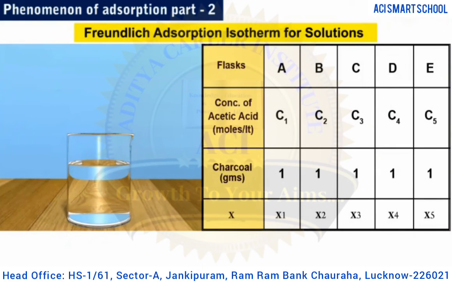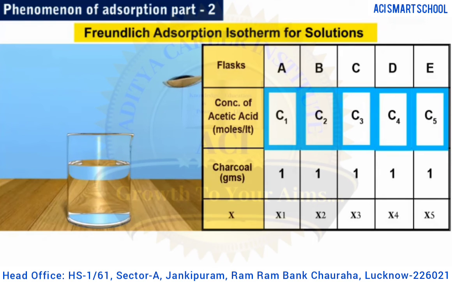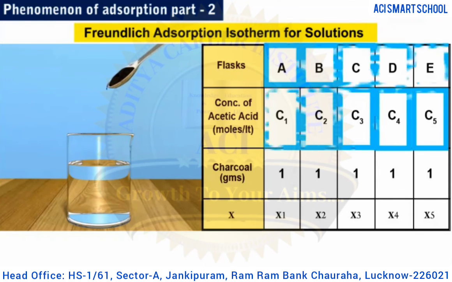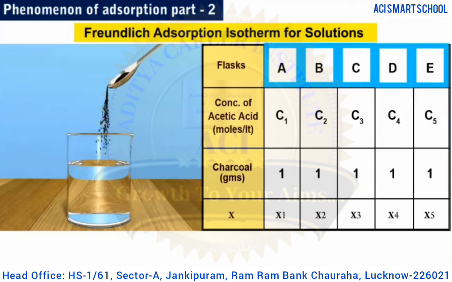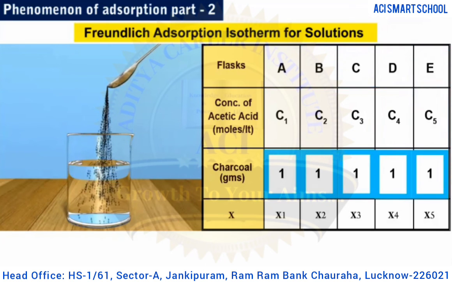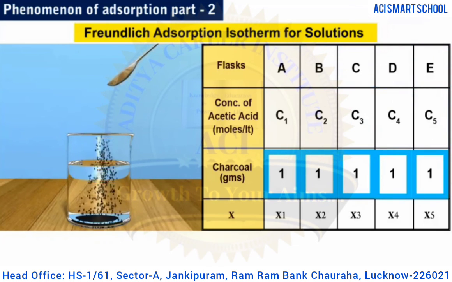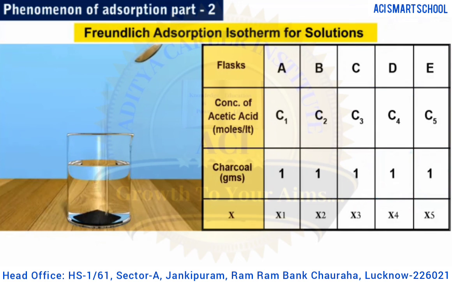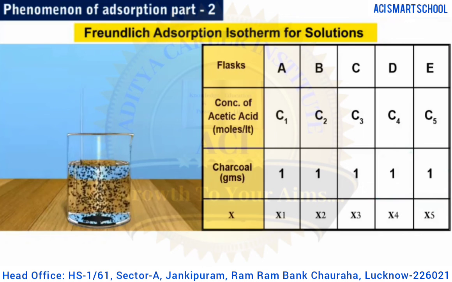Let's take the example of the adsorption of acetic acid on charcoal again. Take equal volumes of acetic acid of different molar concentrations in different flasks and add an equal amount of charcoal to each flask. Shake the contents in the flasks and keep for some time.